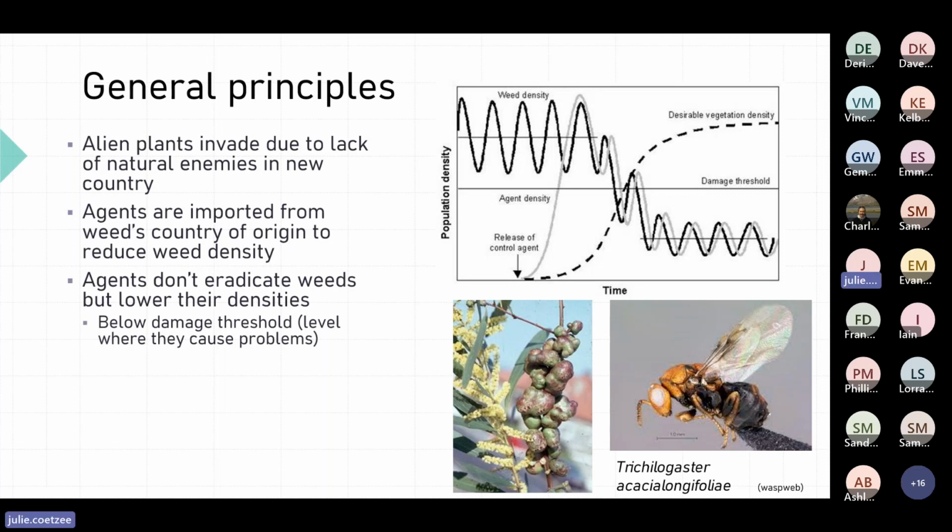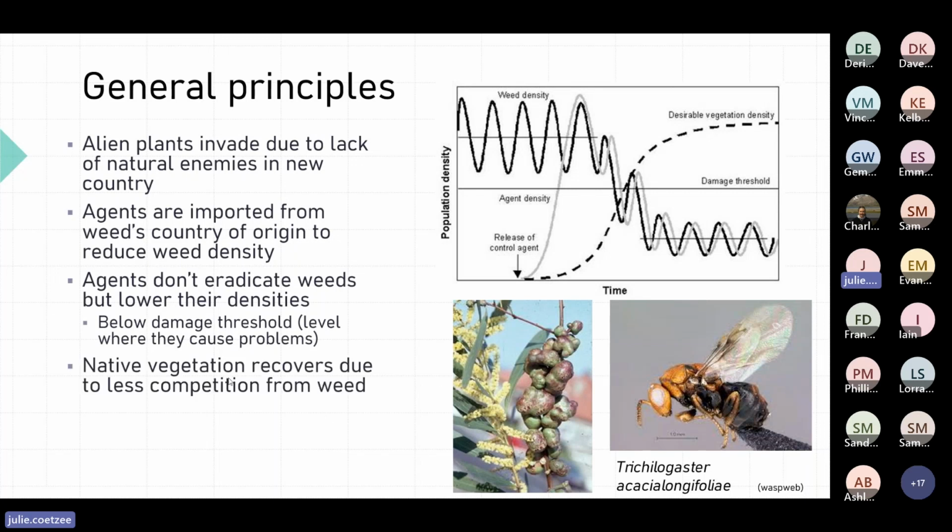So the invasive plant declines, the biocontrol agent population declines, until we reach a density below a predefined damage threshold. And it is often this damage threshold that we measure our success against. And so we then have this density of our invasive species still in the environment, but at a manageable or acceptable level, and the biocontrol agents fluctuate with it.